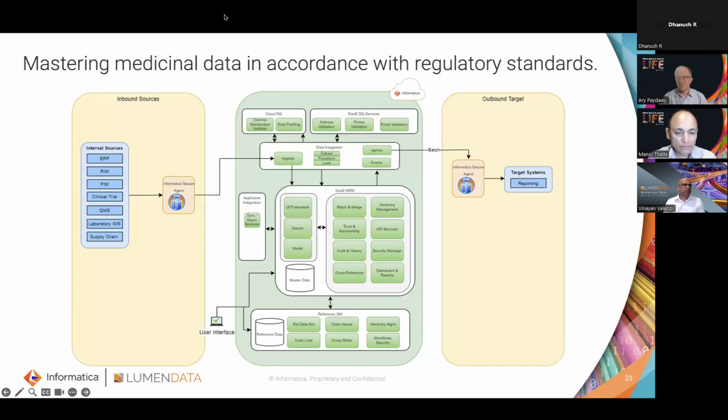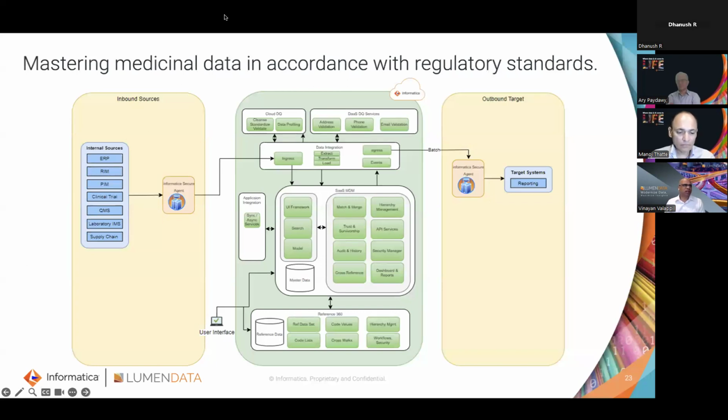The next big piece that we helped with, and also struggled a little bit with, was the reference data and lookup, right? So IDMP comes with its own standard. Informatica's packaged product for IDMP comes with reference data lookups, which are standard with IDMP. However, when you look at the customer's environment, they have different variations of this data across different systems.